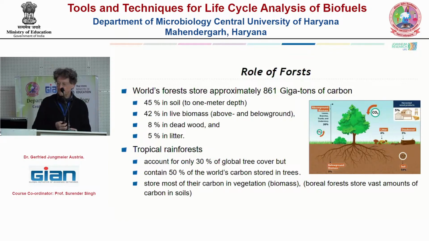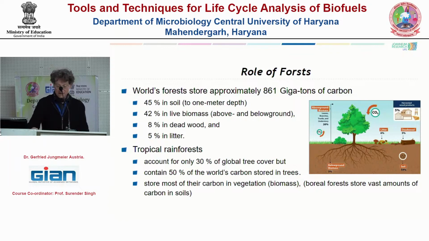This is for the general forest, and a big issue is, of course, the tropical rainforests. They even have much more carbon stored per hectare. And one big global issue is, of course, the destruction of tropical rainforests. And if you only cut them down and use them once and then make grassland there or agricultural land, in that case, you really lose carbon.